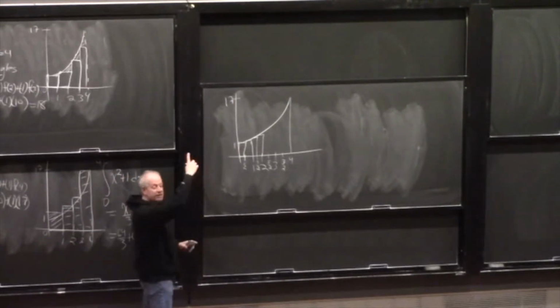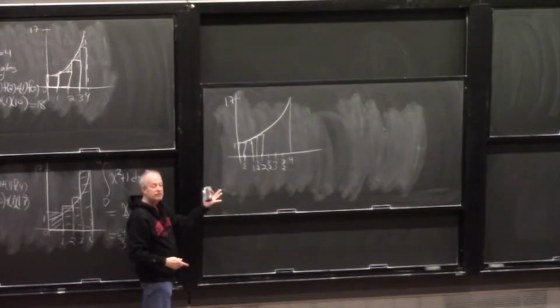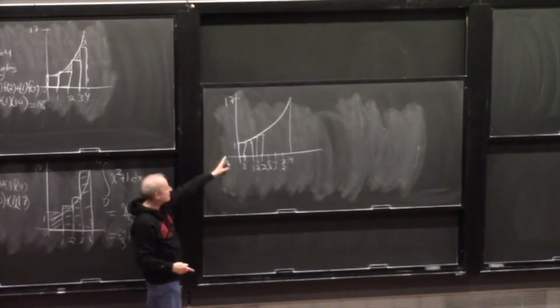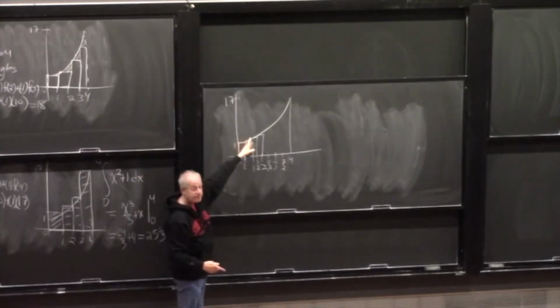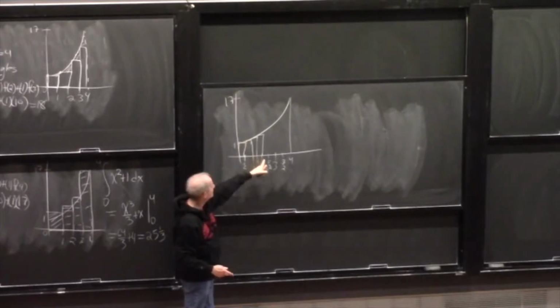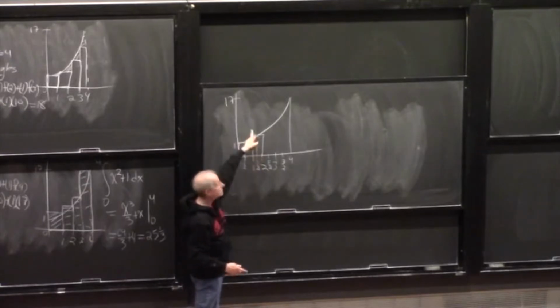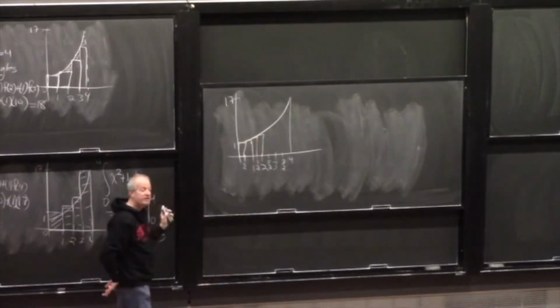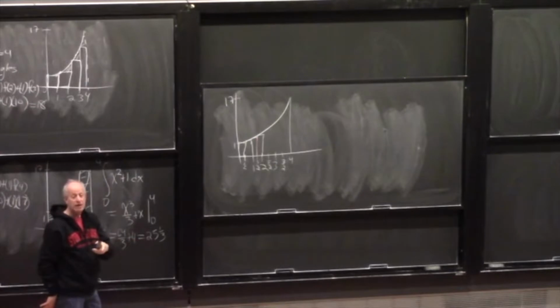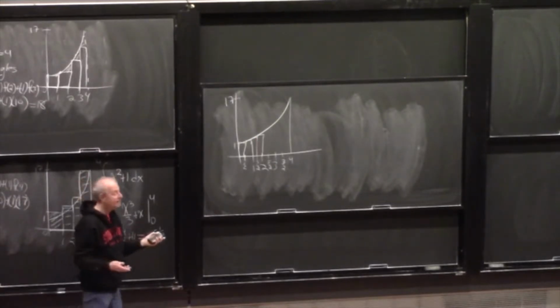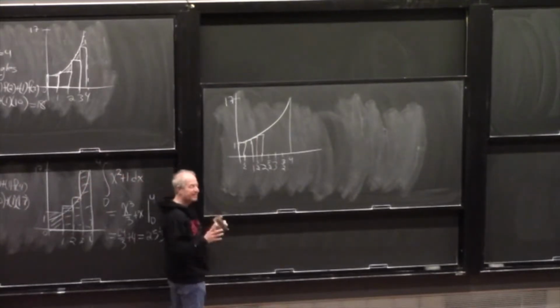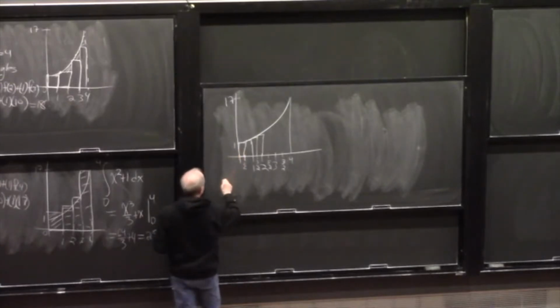And I get the height by plugging the left side of each of these intervals into the equation, because that's the y value. The width is the difference in the x values, and the height is the y value. And I could use the left side, I could use the right side, I could use the middle, I could use a third of the way in, it doesn't really matter. You just sort of want to be consistent because it makes the math easy. So the width of each of these is a half, and the leftmost rectangle, the left side is f at 0.